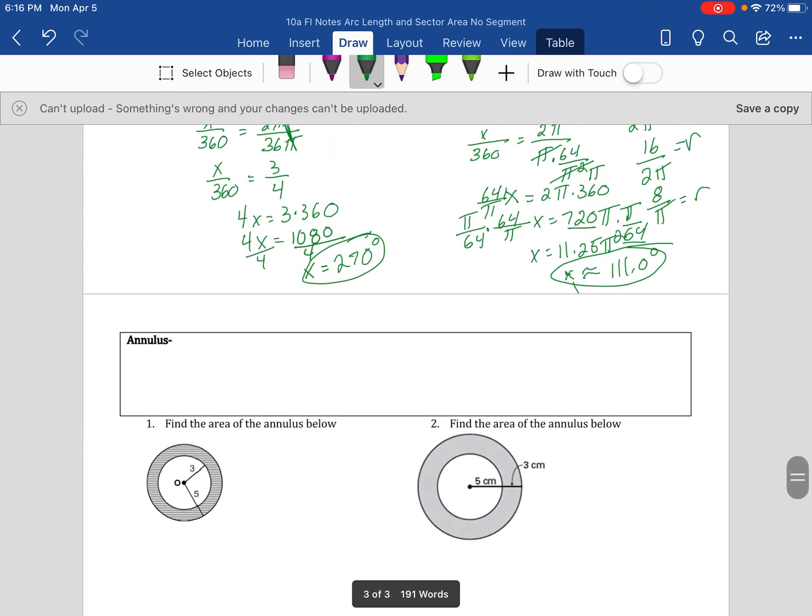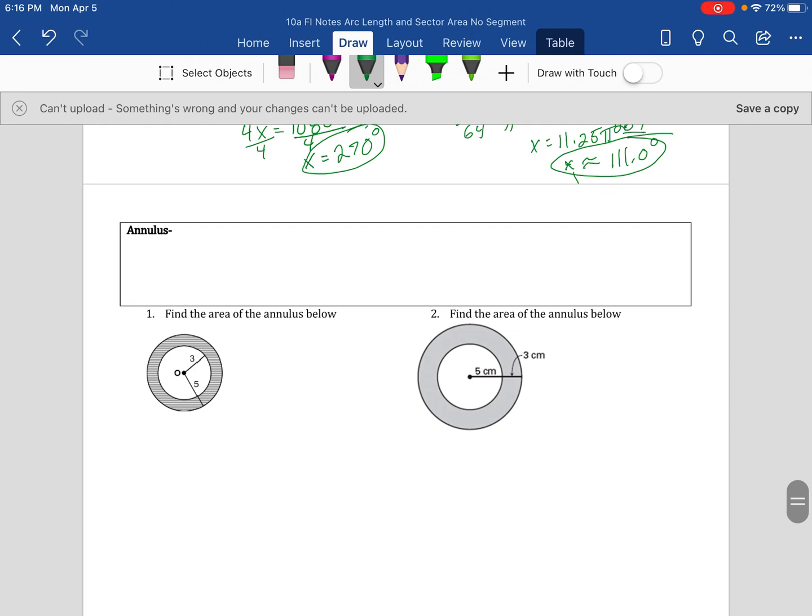Okay, so last thing is your annulus, which is basically, if you had a circle within a circle, it's the region bounded by two concentric circles. Okay.